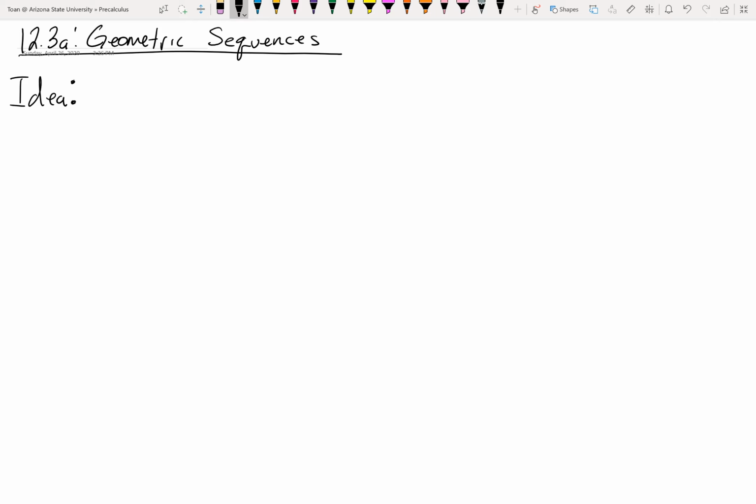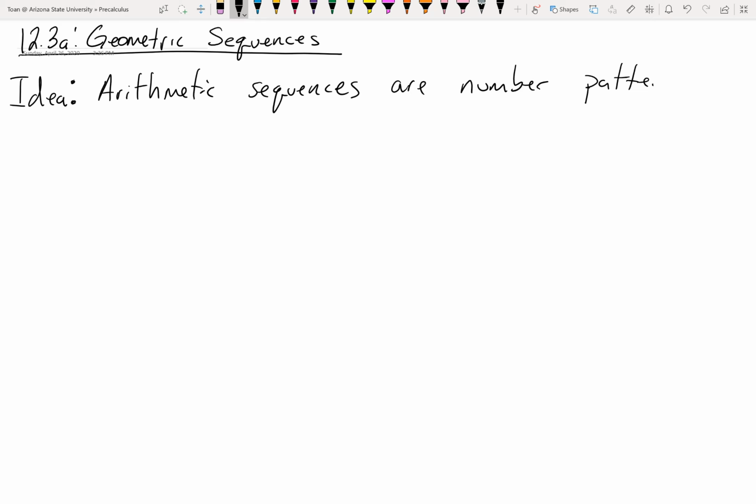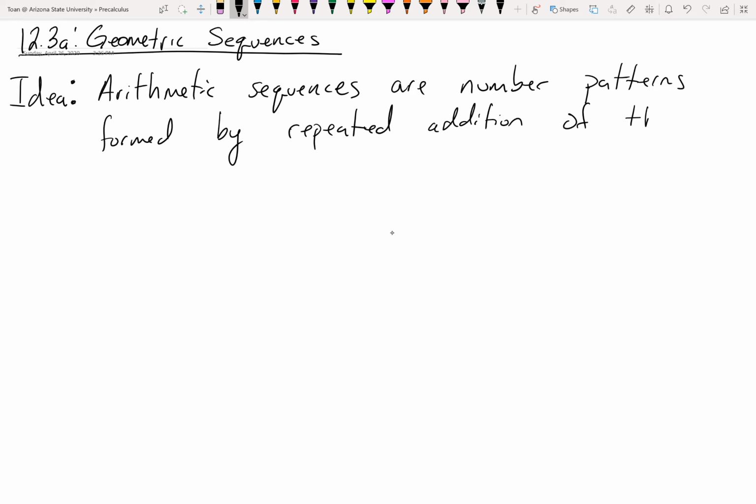One of those patterns that we discussed last week are called arithmetic sequences, and the idea is that arithmetic sequences are number patterns formed by repeated addition of the same number.